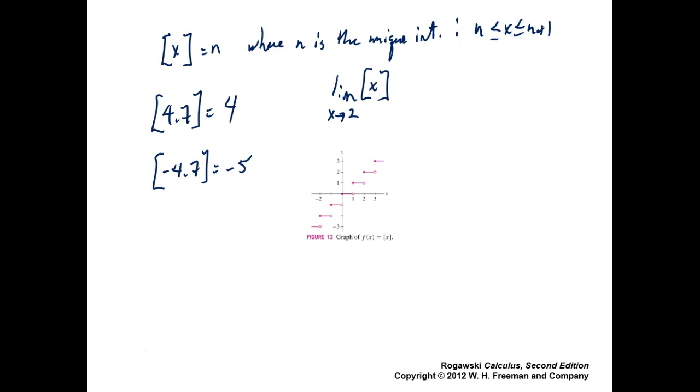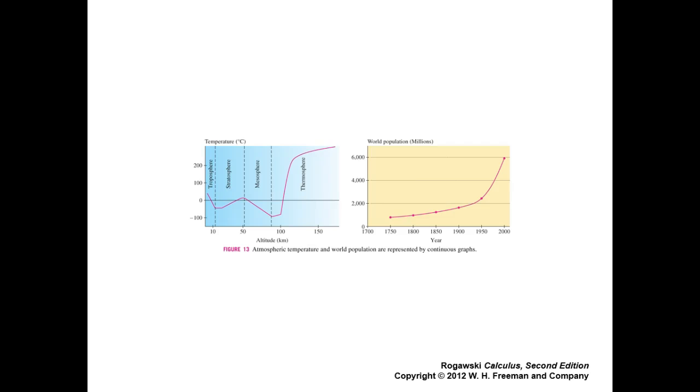Now, there's a little conceptual insight here, real-world modeling of discontinuous functions. I think they're going to show a graph here. This is a little on the jagged side, and that's because we don't have great data here.